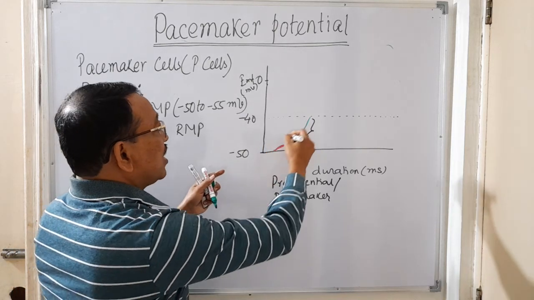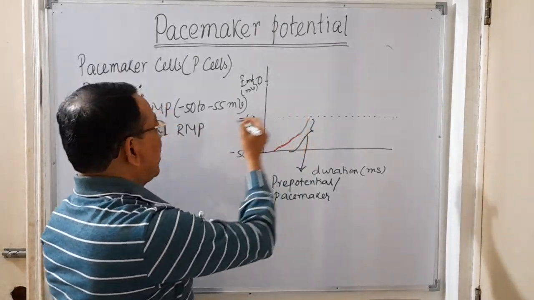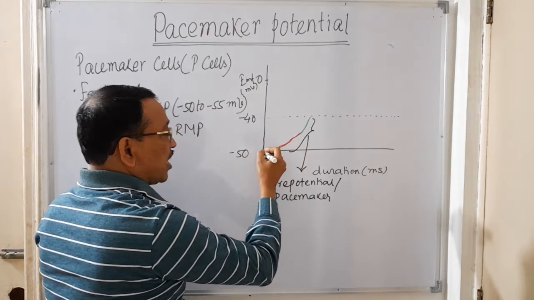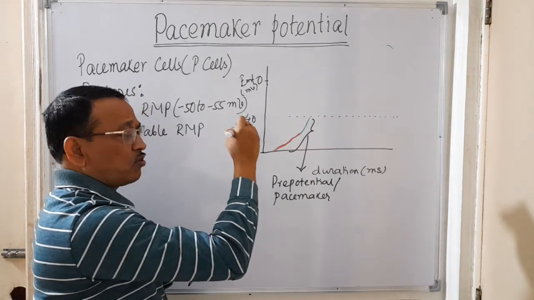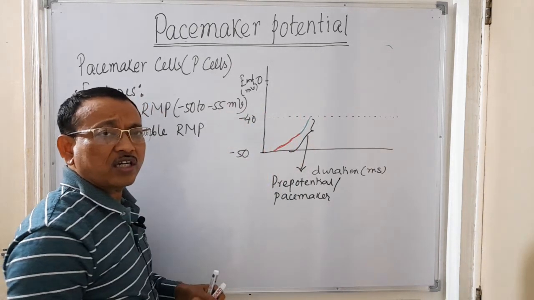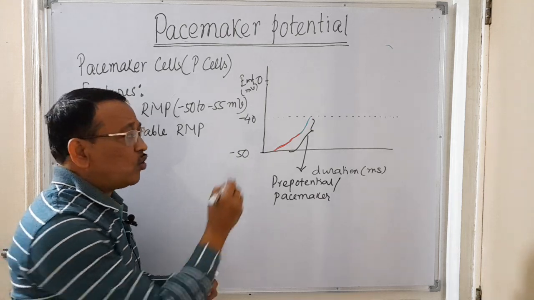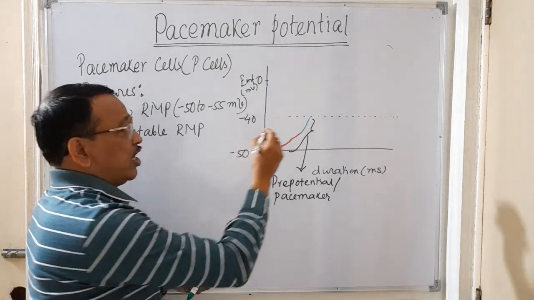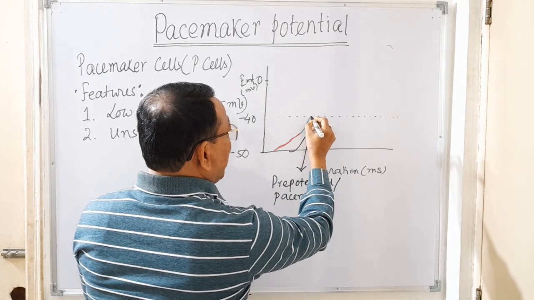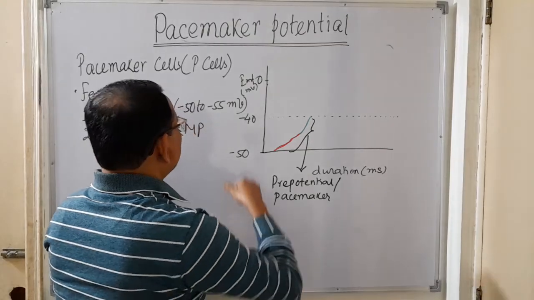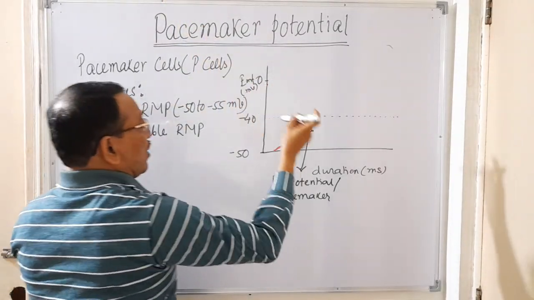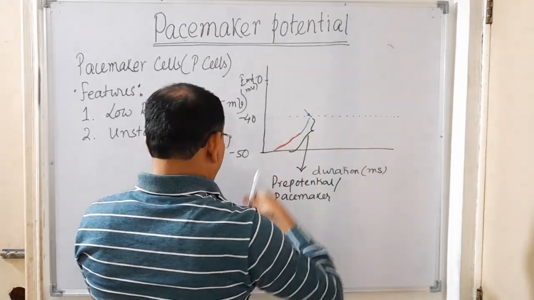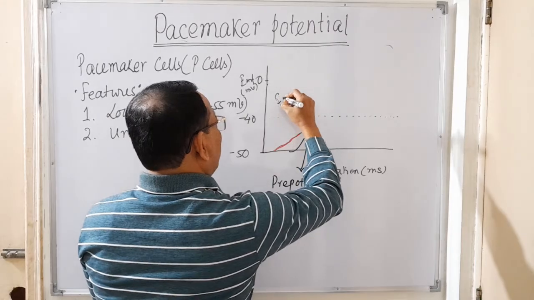Because of this unstable resting membrane potential, the inside electronegativity is slowly, gradually reduced from minus 50 towards minus 40 millivolt. Now, once this pacemaker potential reaches the threshold level, the firing level, this is the firing level.